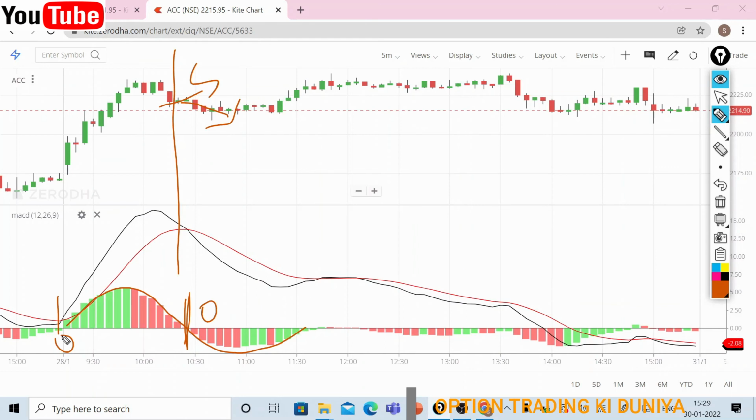And always remember, my viewers, MACD is a lagging indicator. Only once it happens will you come to know. You can use it along with leading indicators like RSI. You can use it along with VWAP to confirm the trend. Before using this indicator, you had better try paper trading.